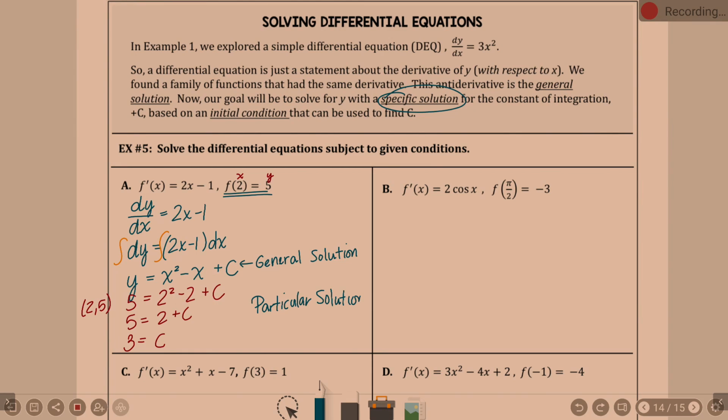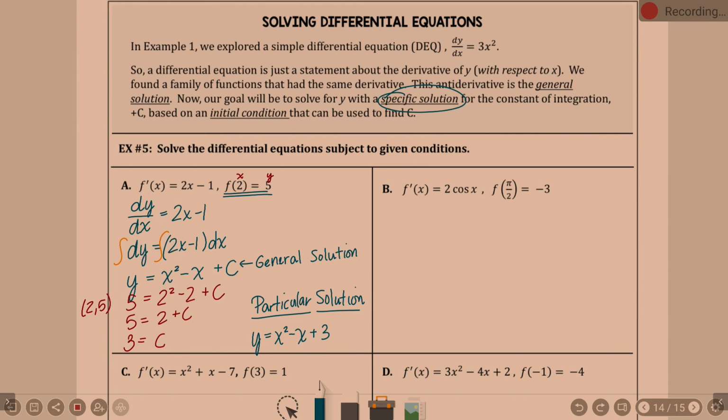Does it ask for a particular solution? So that's why I threw this in. So, particular solution: take your general solution, fill c in. So, y equals x squared minus x plus 3.